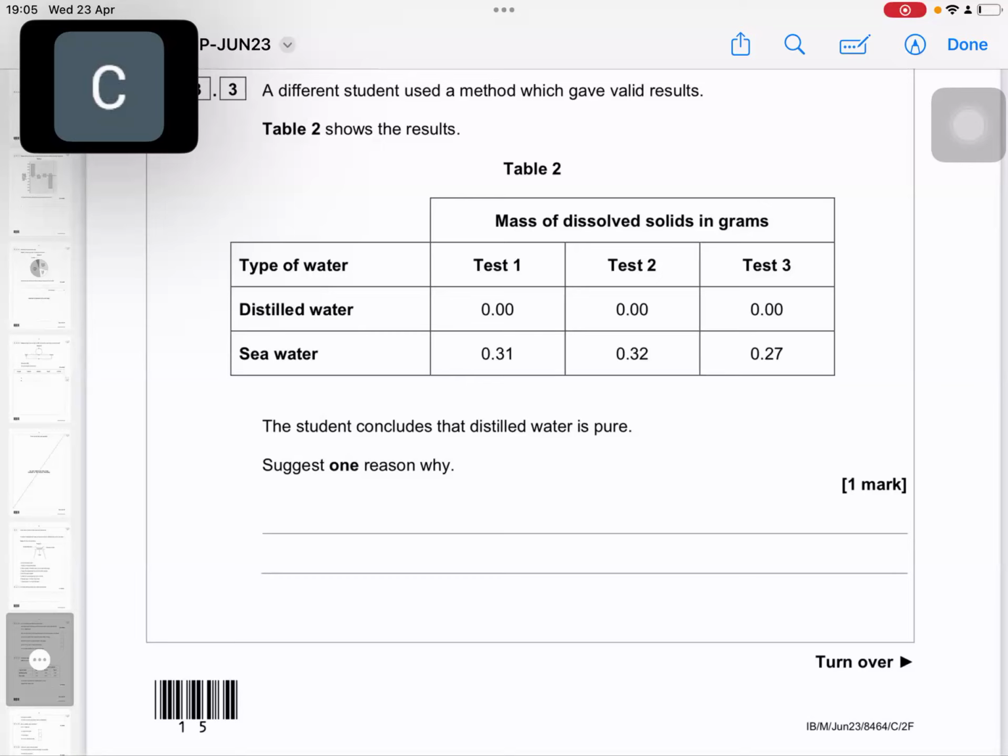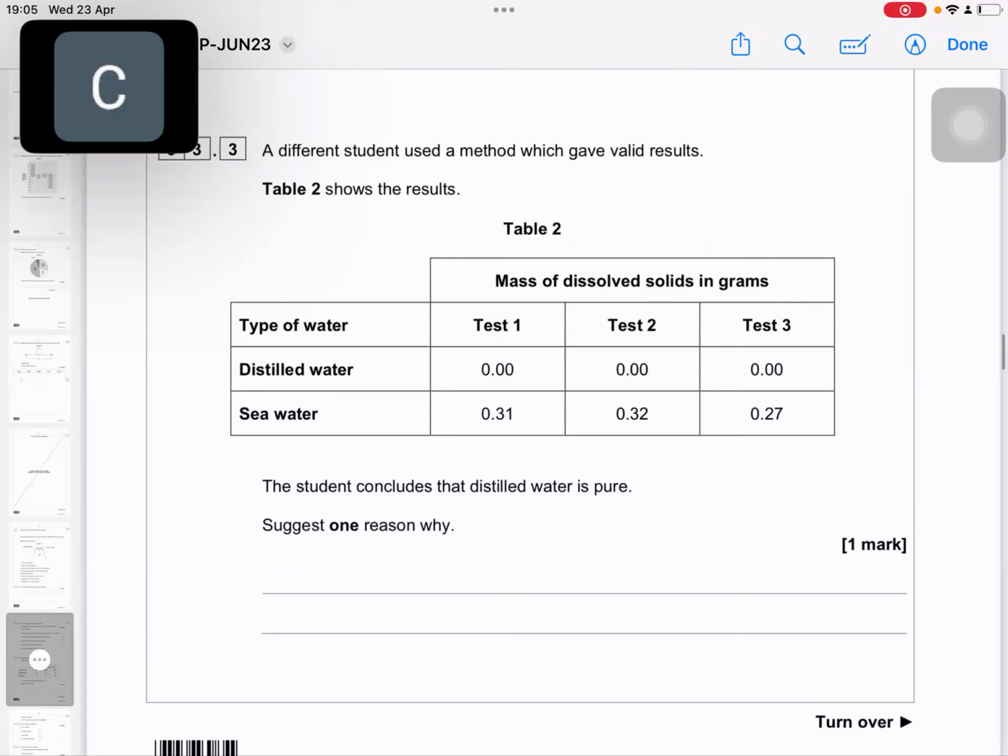Based on what I just explained, what do you think would be the reason why he could conclude that distilled water is pure? All of the tests give the same results. Yes, that's showing us that there's no solid dissolved in it, right?